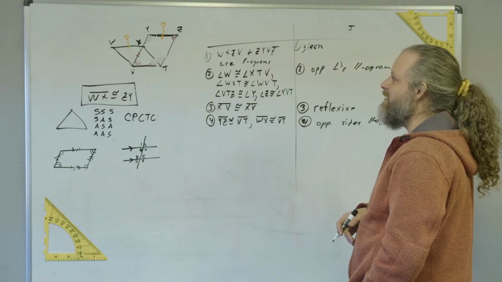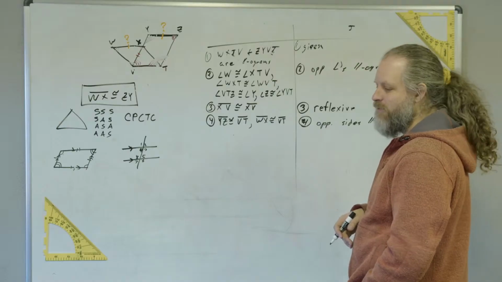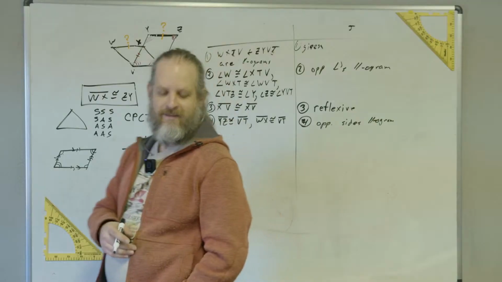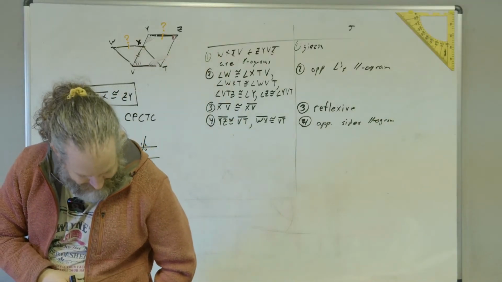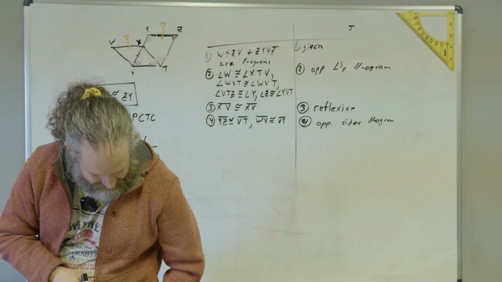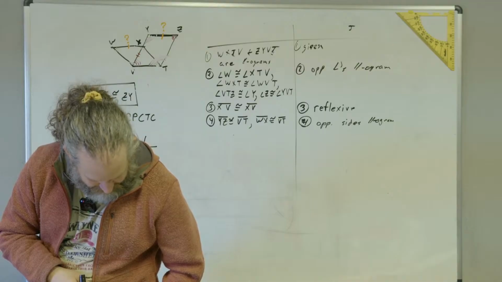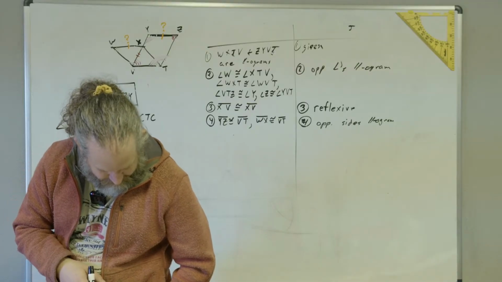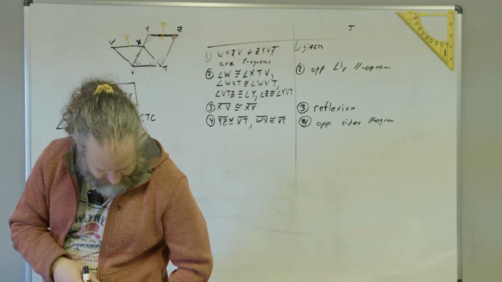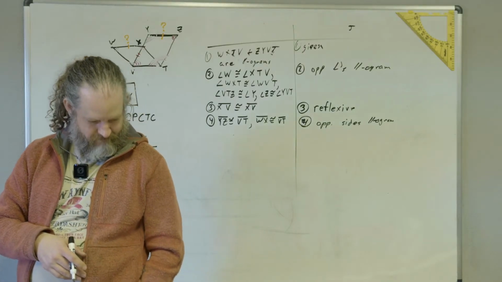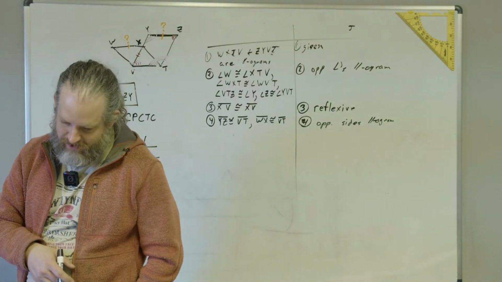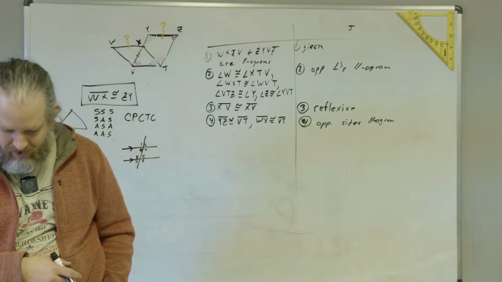WX is congruent to YZ because of the transitive property, which is what we're trying to prove. Why did they go through all these steps of doing triangles?